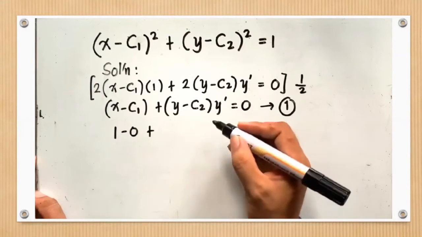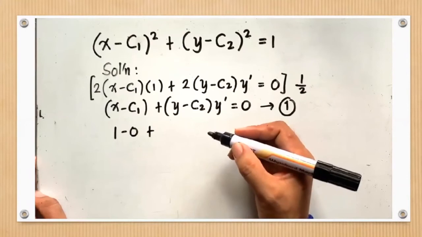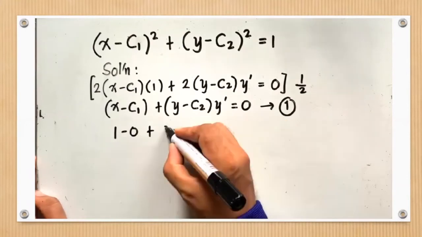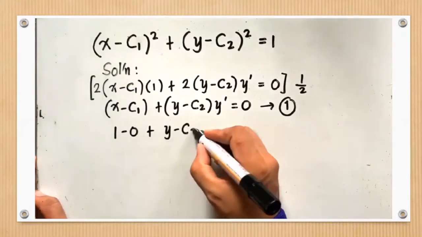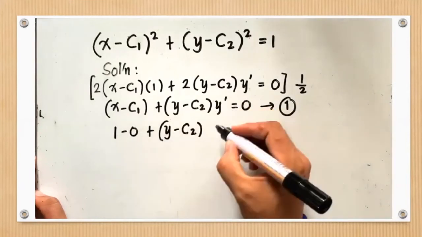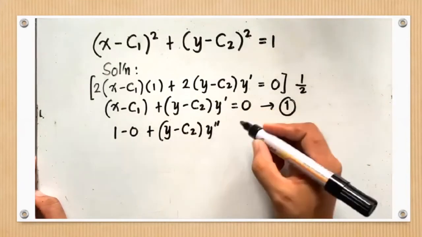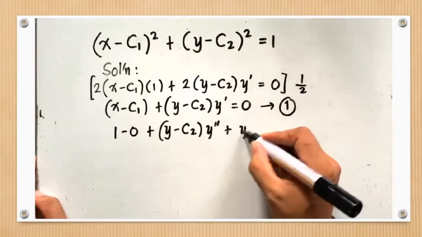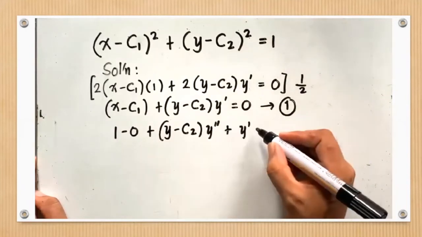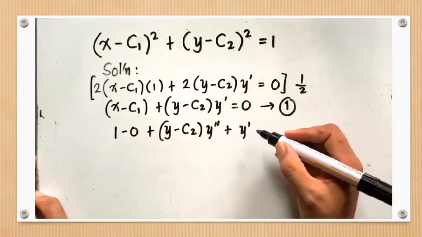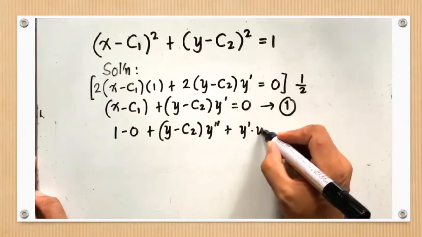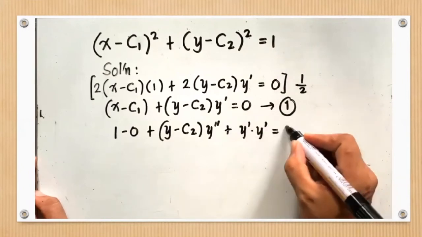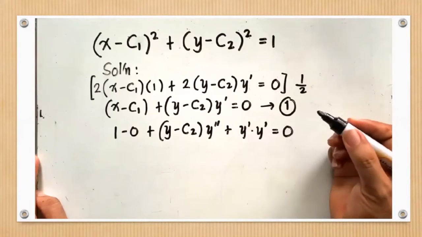So here we copy y minus c sub 2 and then differentiate the other factor. So y prime becomes y double prime, plus you copy y prime and differentiate mo yung y minus c sub 2 and that is y prime. So y prime times y prime is equal to y prime squared.